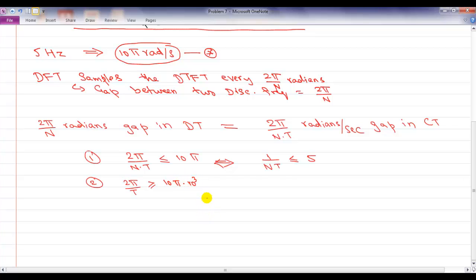Okay. So using these two constraints, I should be able to solve for both T and n. So I know that 1 over T has to be bigger than or equal to 5,000. This is my second constraint. And this is my first constraint.